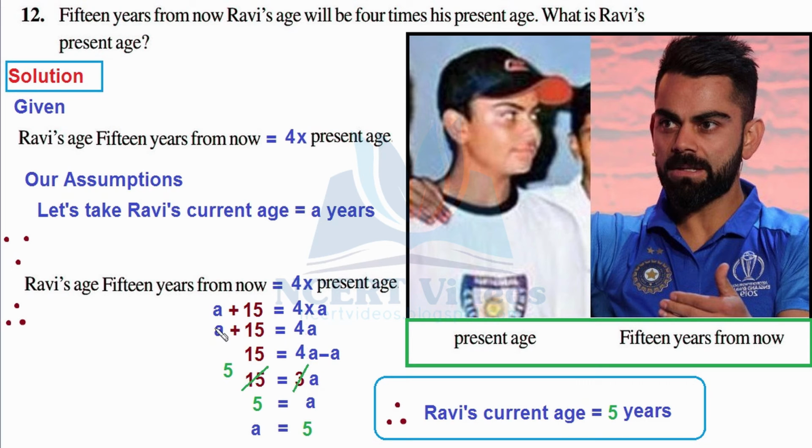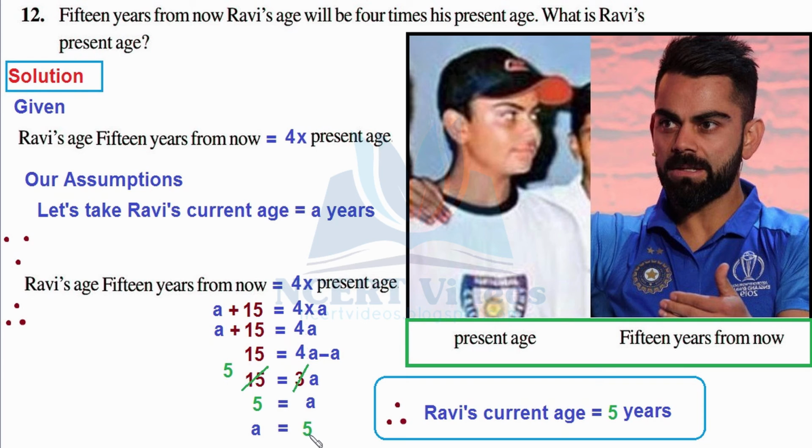So 4A as it is, this A is written as minus A because transposed. Now 15 as it is, 4A minus 1A equals 3A, simple. Cancelling opportunity, 1 3 is a 3, 5 3 is a 15, and we have successfully separated A. So 5 equals A, it is very similar to A equals 5.